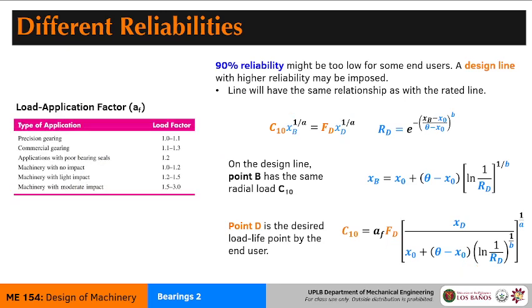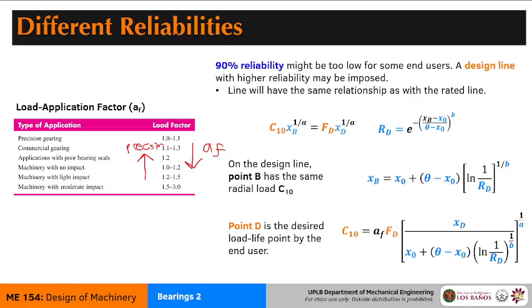A sub F is actually the load application factor. And if you take a quick glance at these descriptions and labels, you'll find out that with increasing precision requirements, the application factor decreases. For example, if you are in the high precision gearing industry, you'd want your application factor to be as close to 1 as possible.